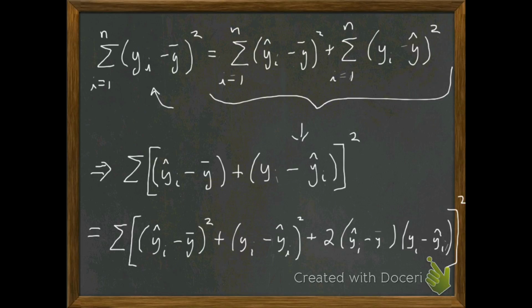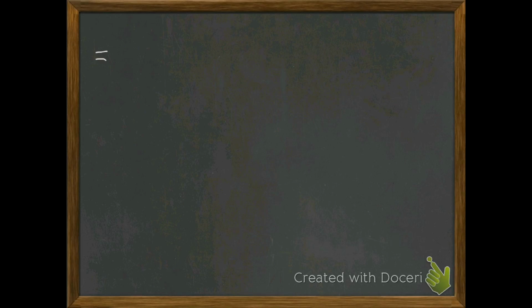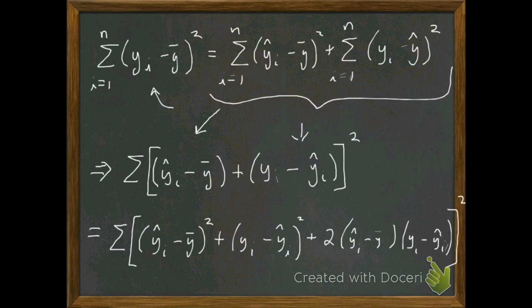Okay, good. Now, just like what we did from this step to here, we used a property of summations that the sum of the parts is equal to the sum of the total. What we're going to do here is take the sum of the total inside and break it down into the sum of the parts. So first of all, I would look at the sum of y i's minus y bar squared, right?